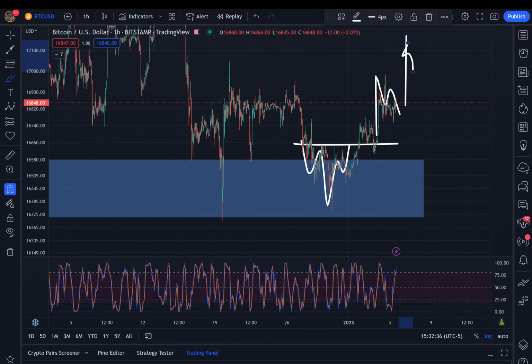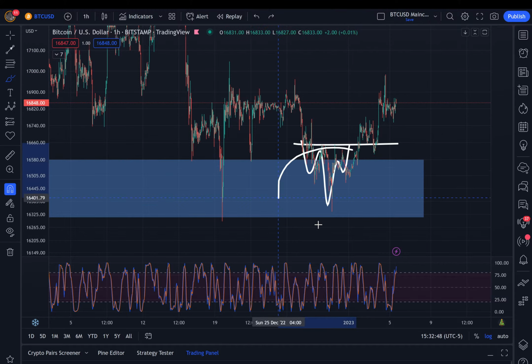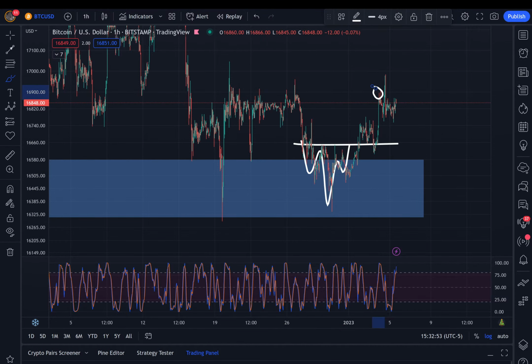You're going to set off a chain reaction of such breakouts. What do I mean by that? Okay, so you first broke out from this inverse head and shoulders. You hit your technical target here.